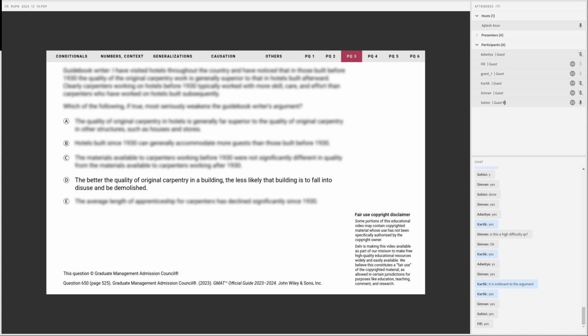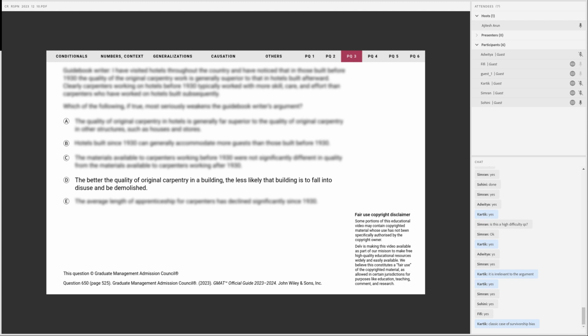On the contrary, whatever carpentry which is of not good quality, which has been there before 1930, those buildings must have been demolished or something like that. So during that point, maybe both kinds of carpentry work exist, and that actually weakens the point that at this point of time the carpenter skill is not as good as it was at that point of time.